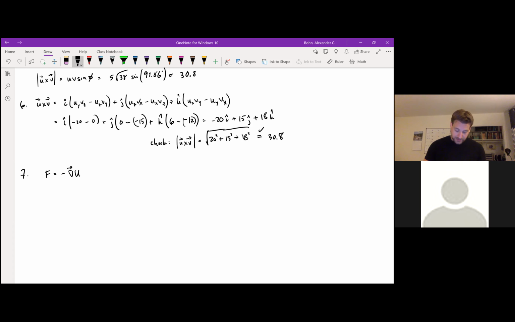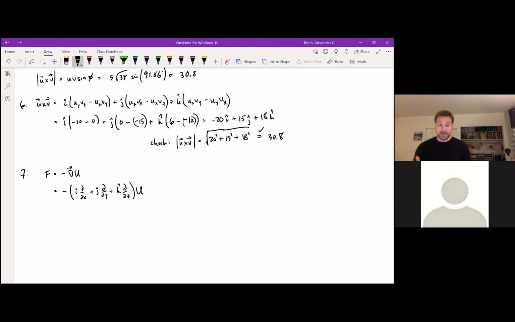The gradient operator has three components that act on function U. Only one of those is non-zero. The rate of change of function U with respect to y and z are both 0.